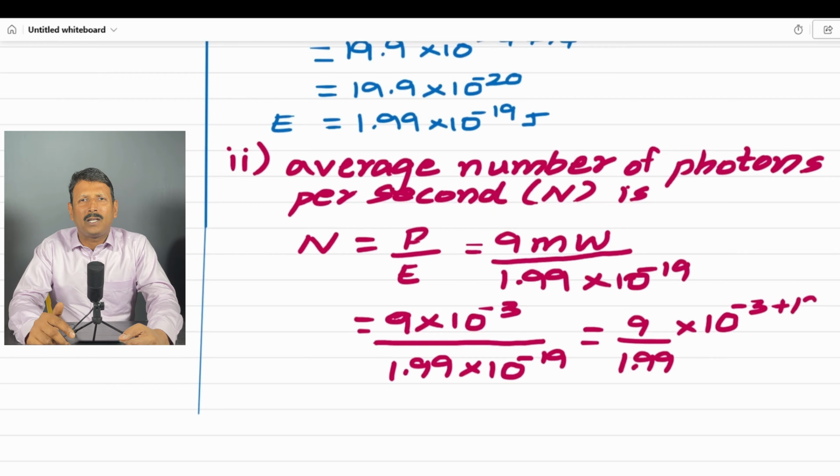So 9 by 2 is easy to estimate. 10 raised to minus 3 plus, because coming from the denominator, 10 raised to minus 19 will become 10 raised to plus 19. This will be equal to 10 raised to plus 16, and the answer will be 4.5 into 10 raised to plus 16. This is a number. Never get a negative number.